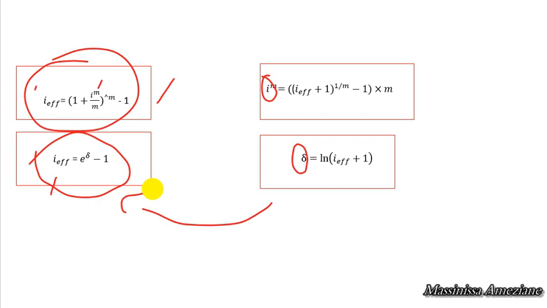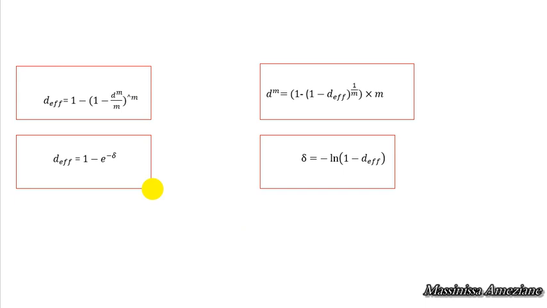For the discount rate, it is the same principle. So what are the formulas for the discount? The effective discount rate is 1 minus the nominal discount rate compounded m times, divided by the number of compounding periods m, to the power m.